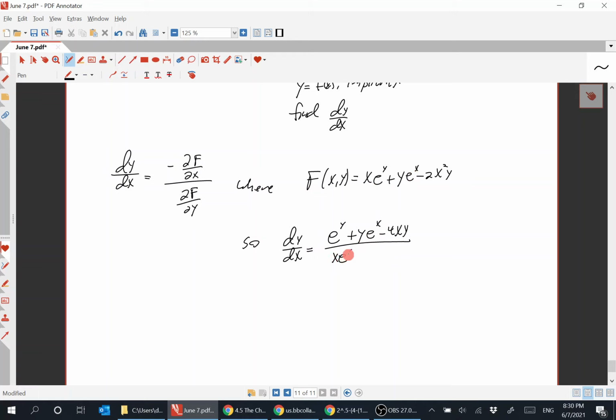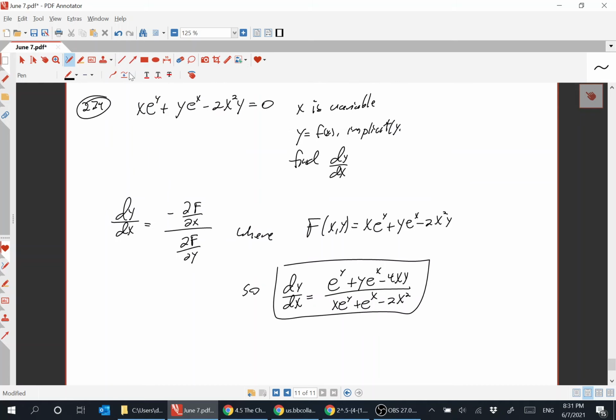So that's x e^y plus e^x minus 2x². It's 234. Same business as before. All right, 245.